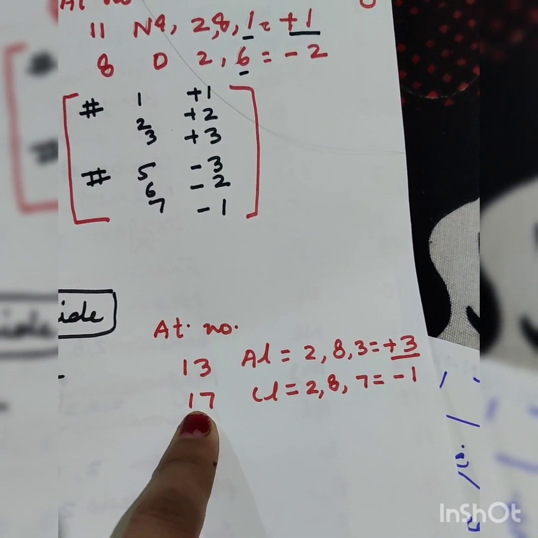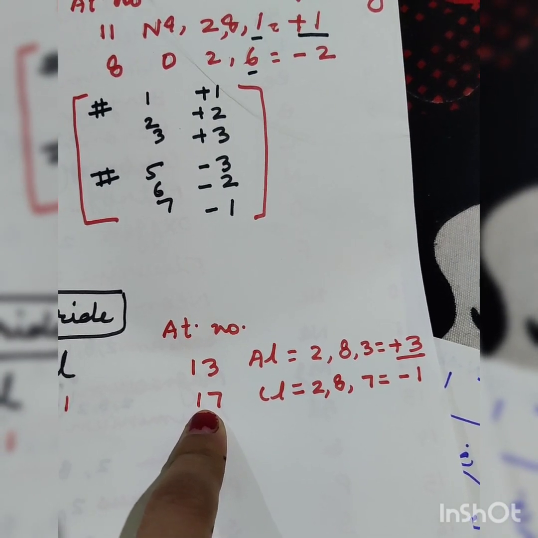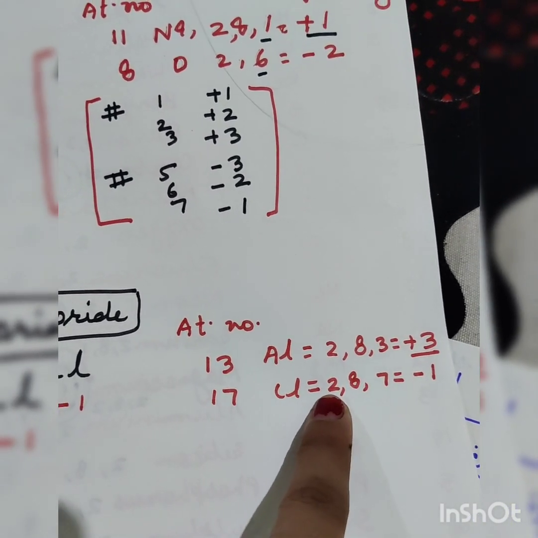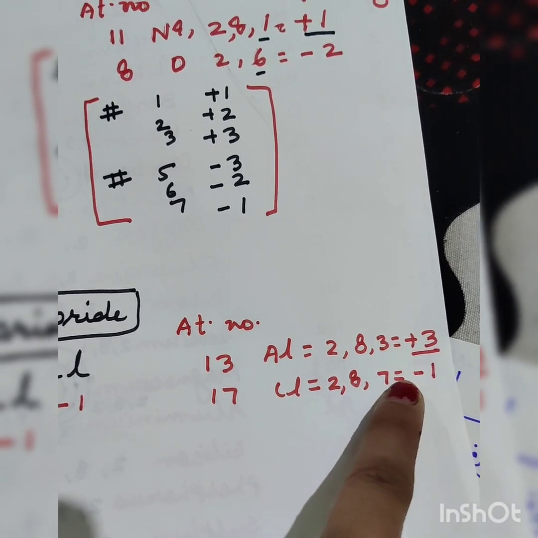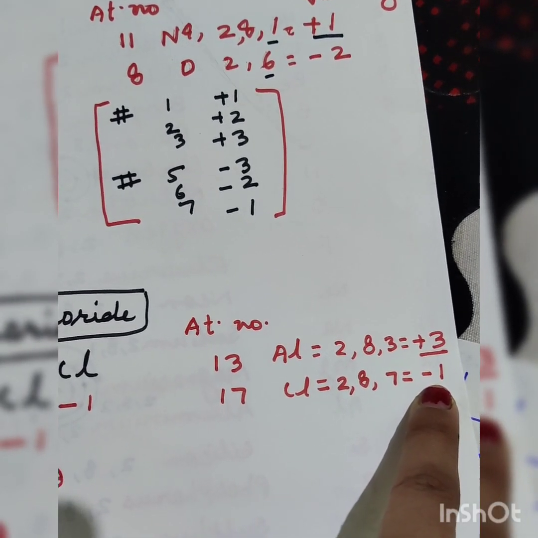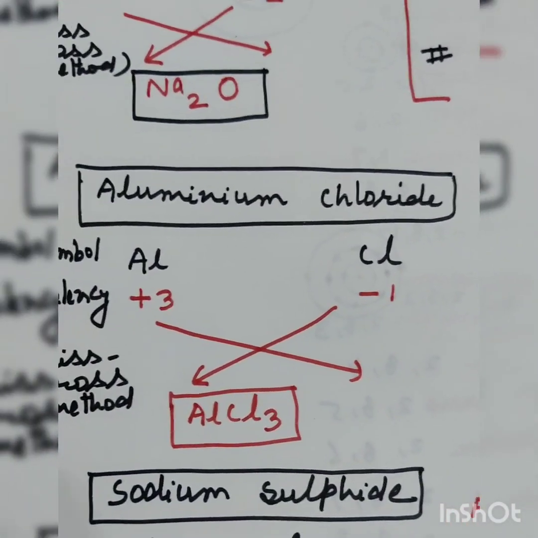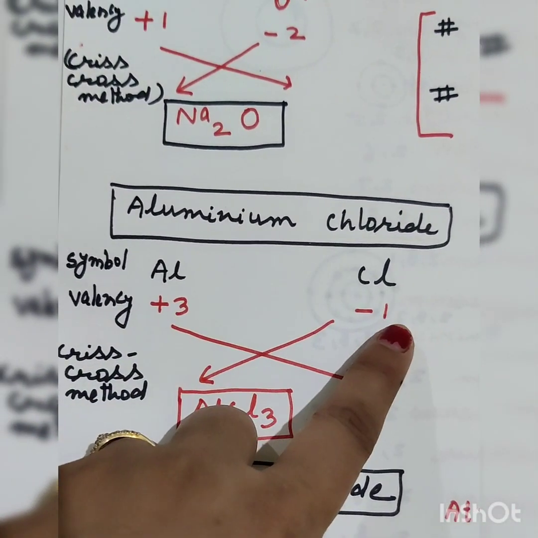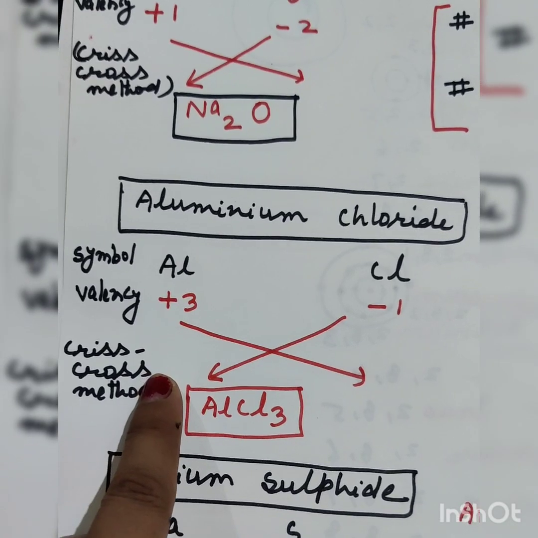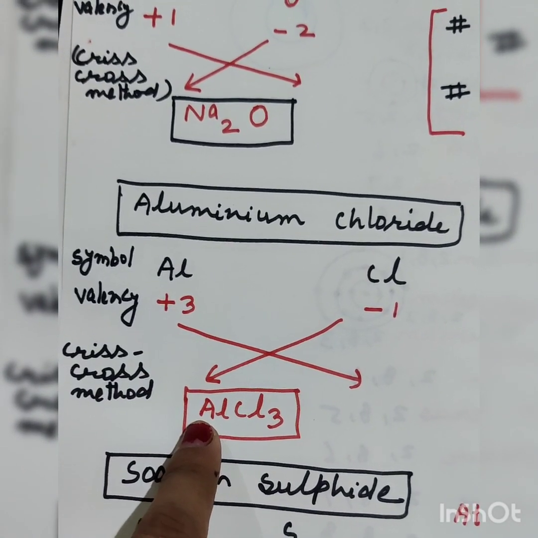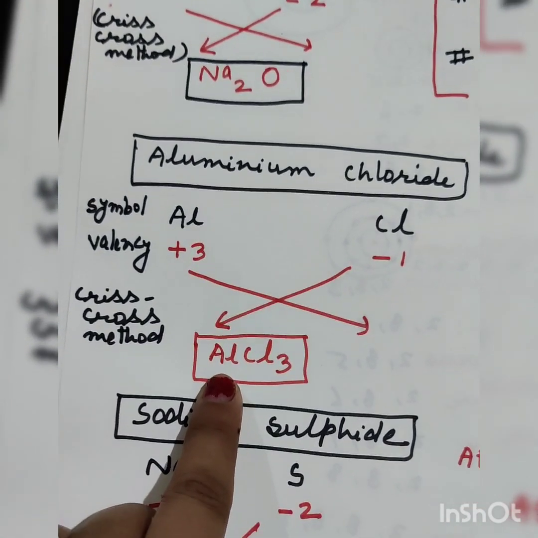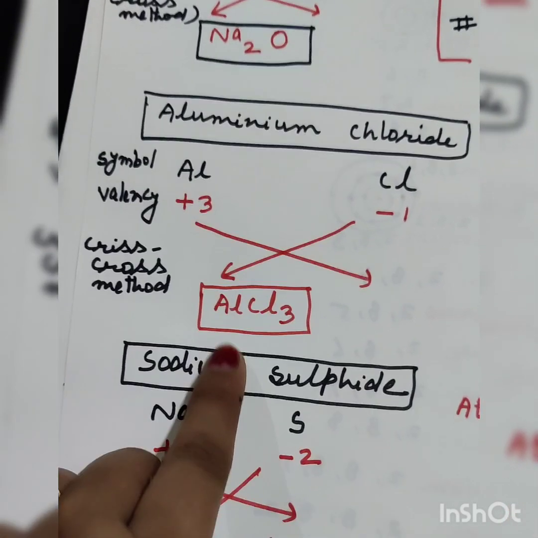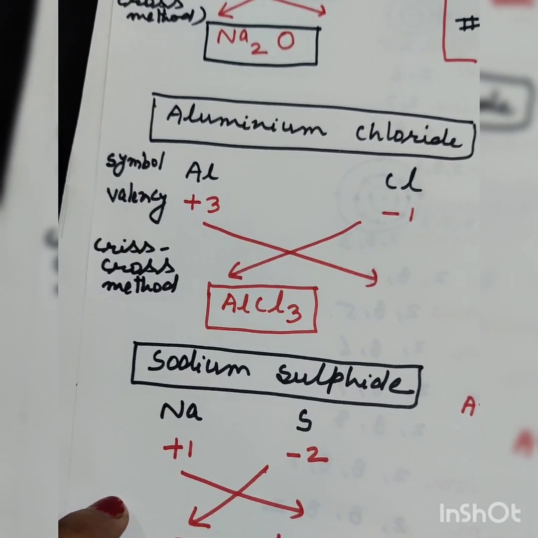Chlorine is having atomic number 17 and electronic distribution 2, 8, 7. Hence, its valency will be -1. Now aluminium is having valency +3, chlorine is having -1, and after the crisscross method a new chemical formula is found, which is AlCl3.